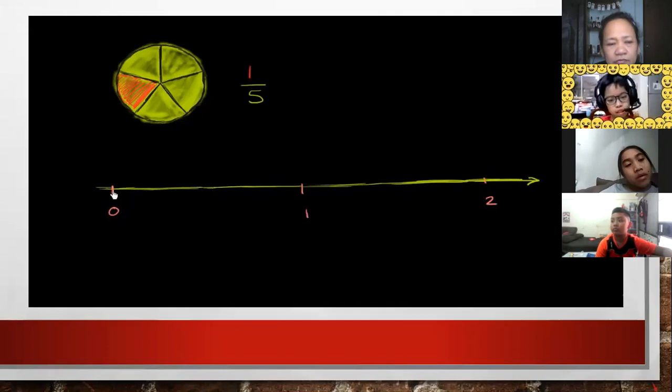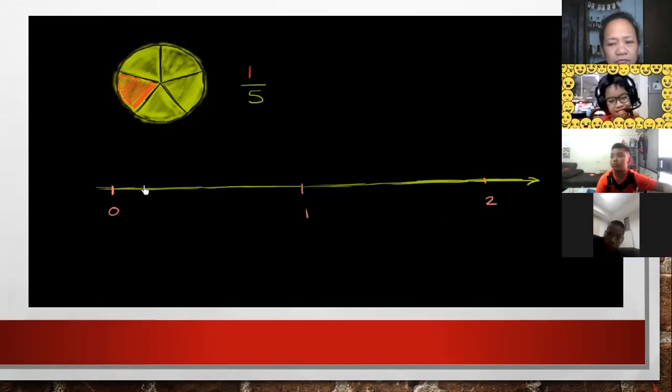In the section of our number line between 0 and 1, find 5 equal sections. 1, 2, 3, 4.